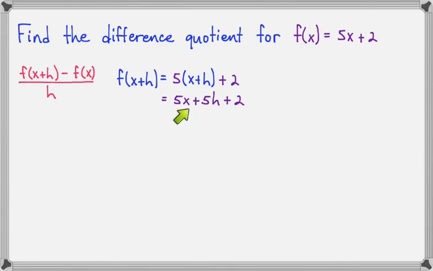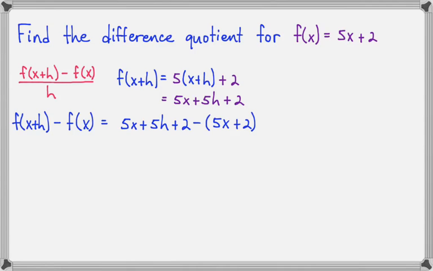This is f of x plus h. Now for step 2, I have to do f of x plus h, which is 3 terms, minus f of x, which is 2 terms, and it's going to look like this. F of x plus h minus f of x. And notice I had to put f of x in parentheses because I have to subtract everything that belongs to f of x.